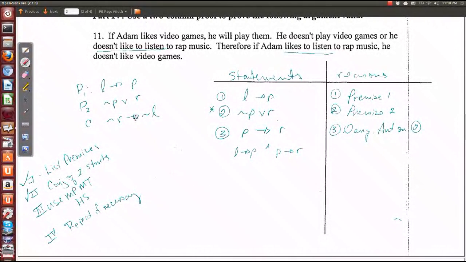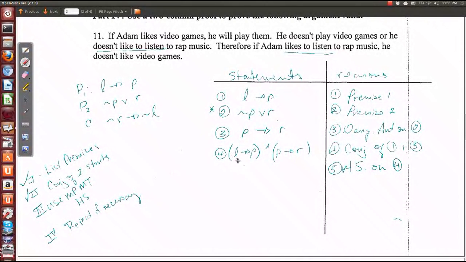So my statement 4 is going to be the conjunction of statements 1 and 3. So I've got L conditional P conjunction P conditional R. And that is a hypothetical syllogism, step 4.